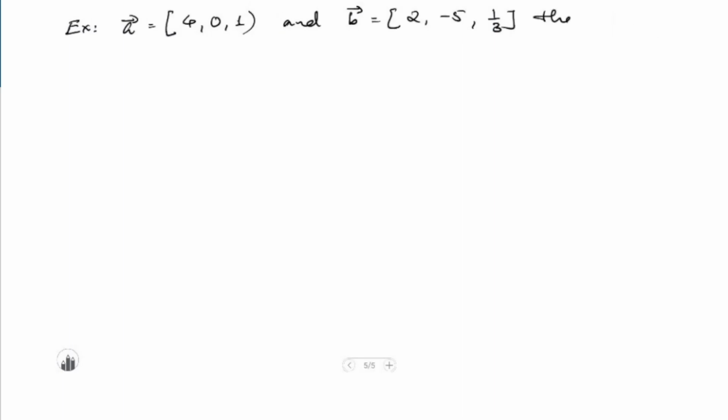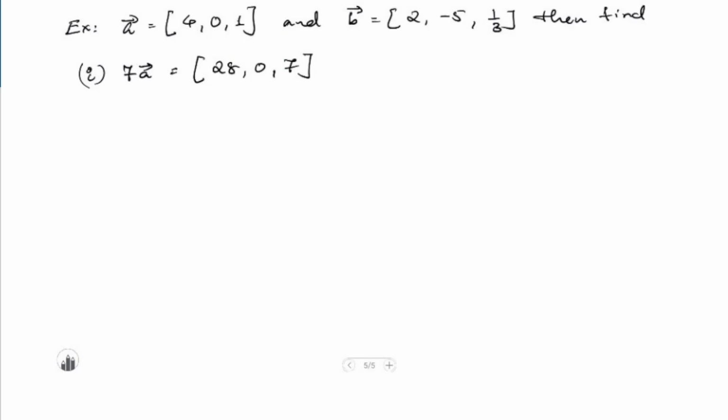Then find, the first part: 7 times A. That's a scalar constant 7 multiplied to the vector A. In that case, you just need to multiply 7 to every element in A. So 7 times 4 would be 28, 0 times 7 will be 0, and 7 times 1 will be 7.